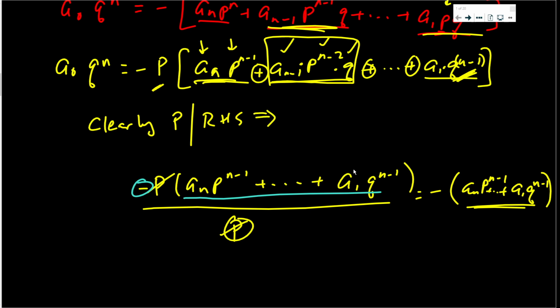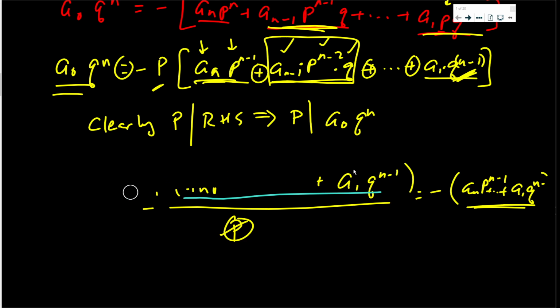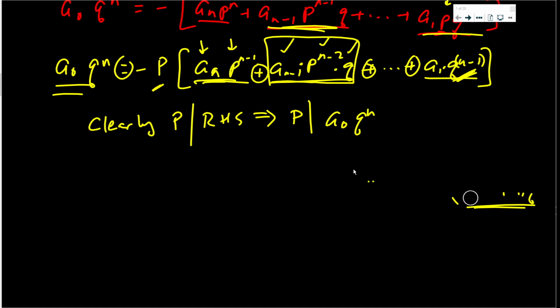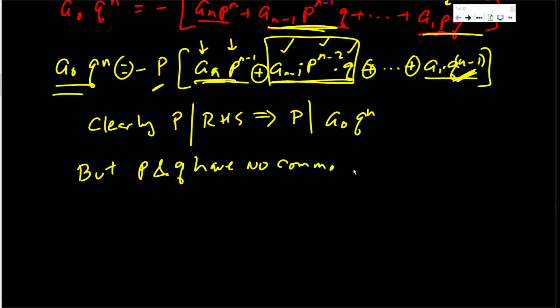But the right-hand side equals the left-hand side. That means that p divides a sub 0 q to the n. But p over q is in reduced form. That means p and q have no common factors.